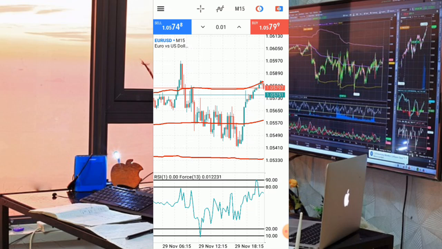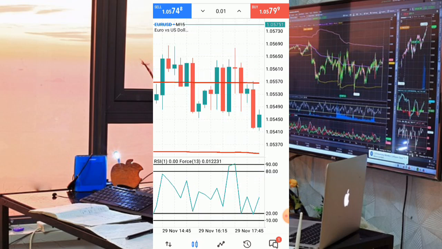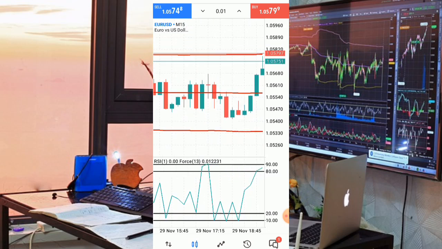So now all we have to do is understand the concept of price action, and if you understand it, this one is going to be very simple, so that everybody can understand. Now let me just give you some tips first.